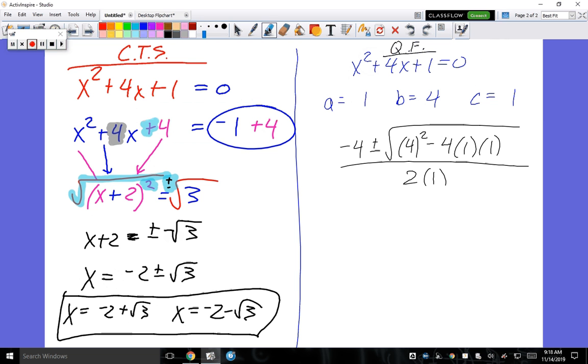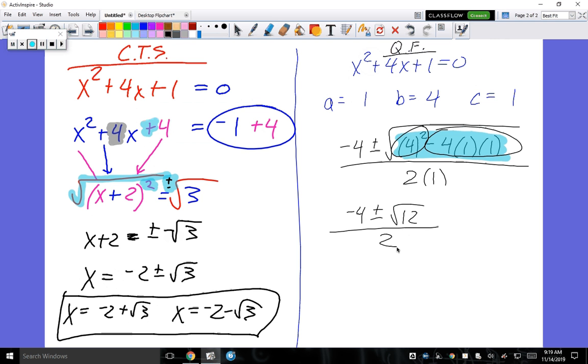Let's figure out what this equals. Gabby, what's this? 16. And what's that? So what do I have? 16 minus 4 is 12. Good.